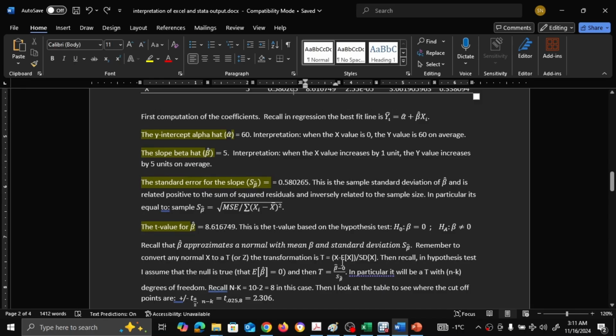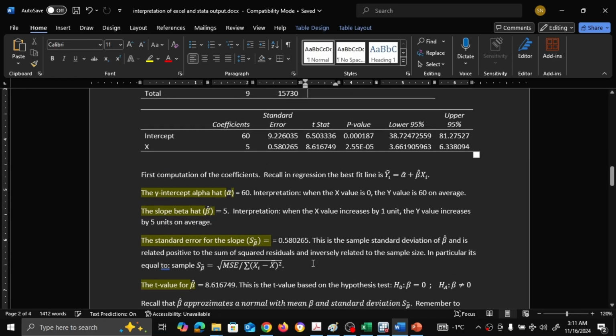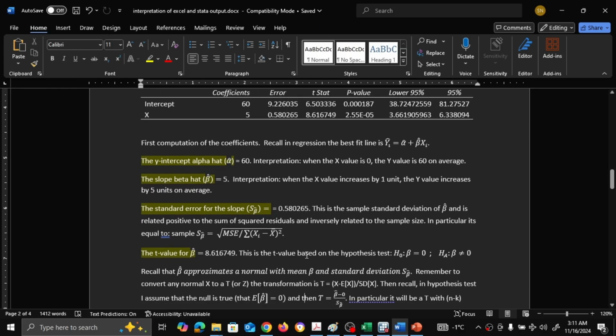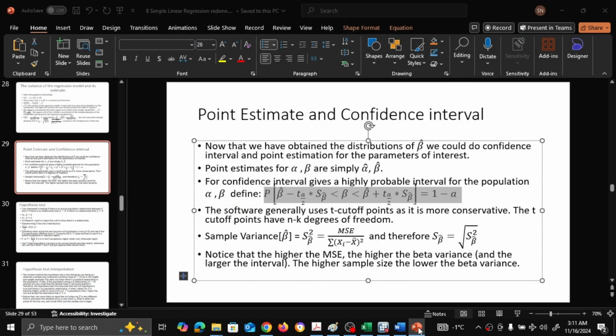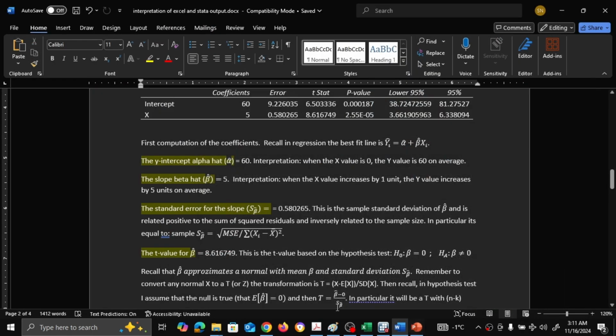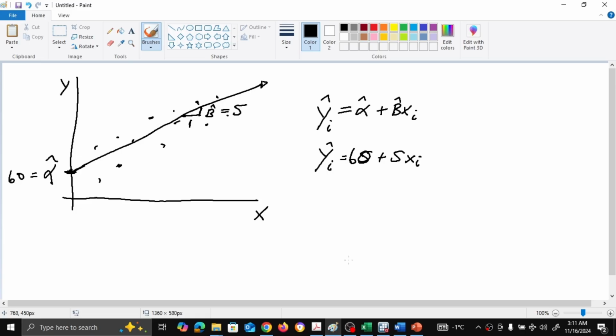And now that we know the beta hat and the standard deviation, we can conduct a hypothesis test. Because if you recall, in order to conduct a hypothesis test, what are the null and alternative hypotheses?